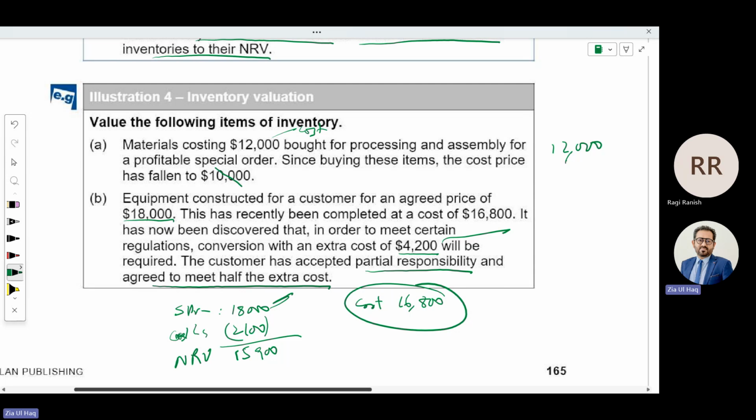But to transfer this inventory to the customer, you need to bear 4,200. But you will not pay 4,200. You will pay half, the customer will bear half. So your cost to sell is 2,100, half. These are cost to sell rather than production cost. Cost means production cost.